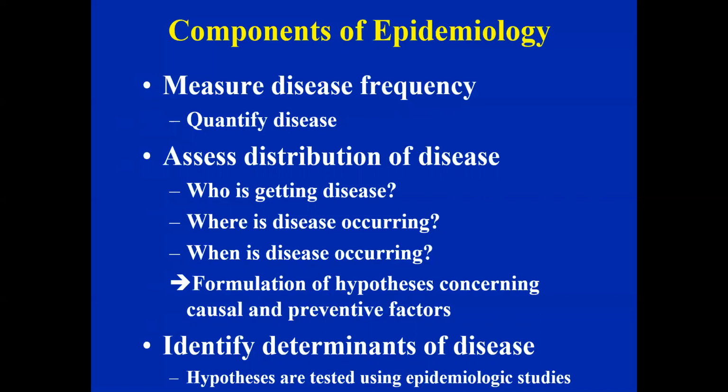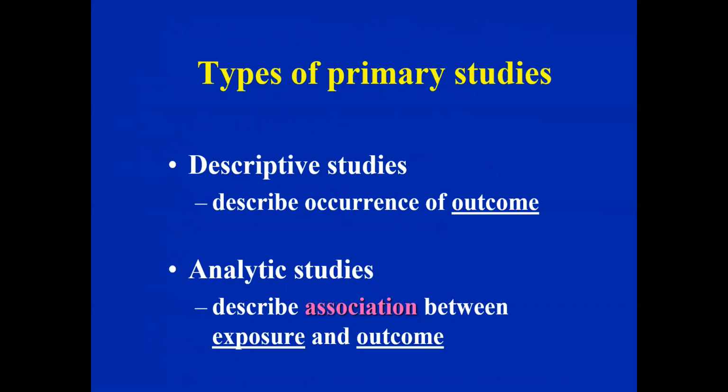This is really repeating again, but it's the same concept where we start by measuring the disease, we assess their distribution, we then identify the determinants. And for us to get determinants, we do that by using epidemiologic studies. We said epidemiology is mainly two branches, where we have descriptive epidemiology and analytic epidemiology.